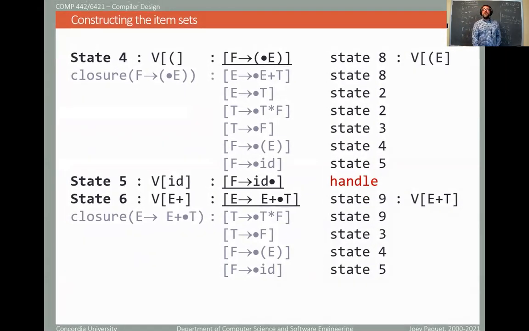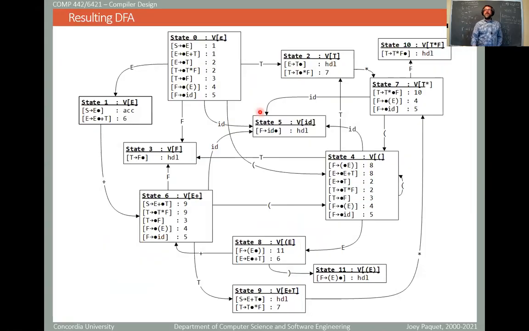I'm going to show you the graph just so that you have a glimpse of what I mean here. For example, you're in state 0. If you successfully parse an E, you go to state 1. If you successfully parse an ID, you go to state 5. If you parse a T, you go to state 2. If you parse an F, you go to state 3. So you see that the transitions are either parsing a terminal symbol or a non-terminal symbol.